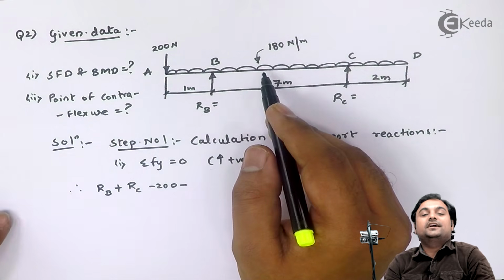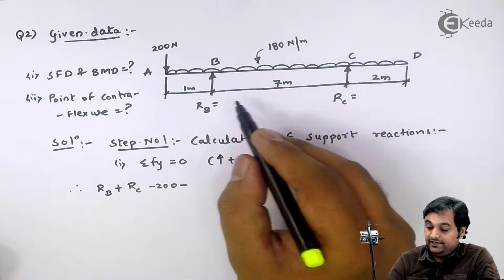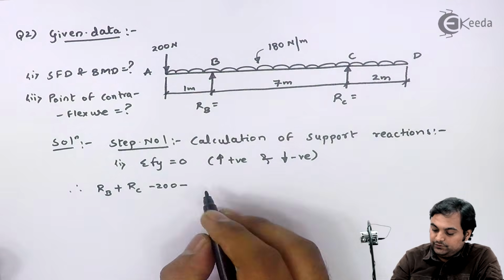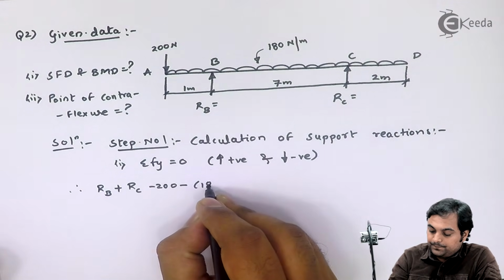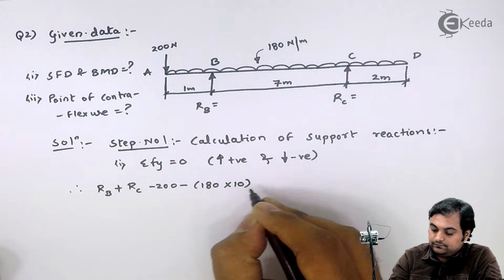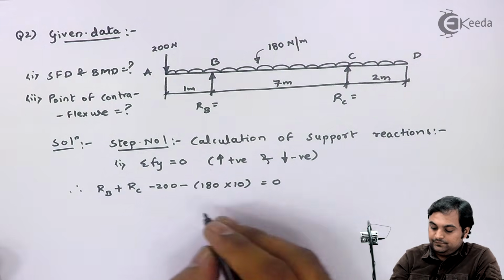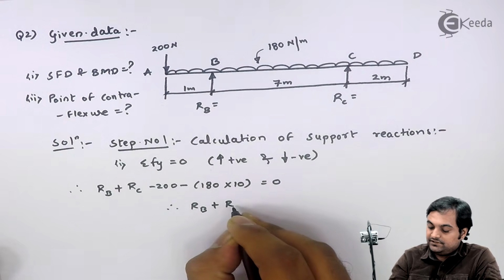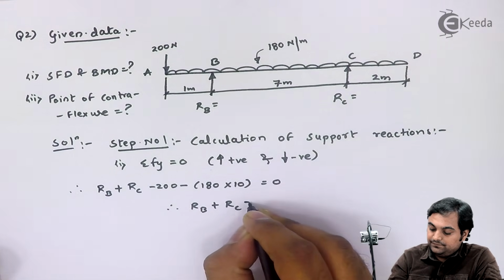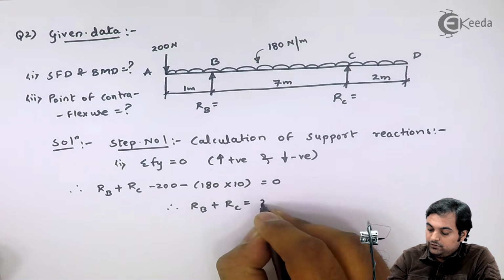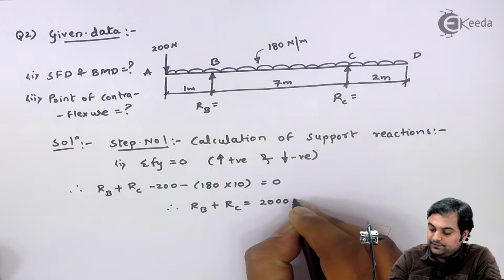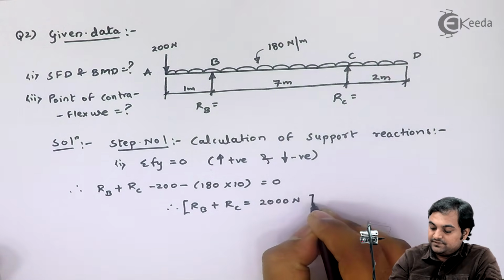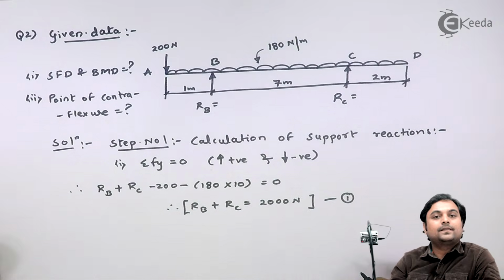Since this UDL is acting over the entire span, it is 10 meters, so 180 into 10 is equal to 0. Therefore, I will be getting RB plus RC equal to 2000 Newton. I will keep this as my first equation.